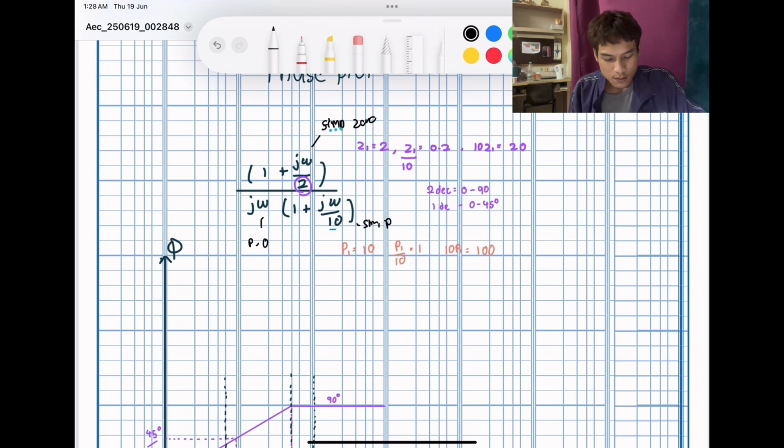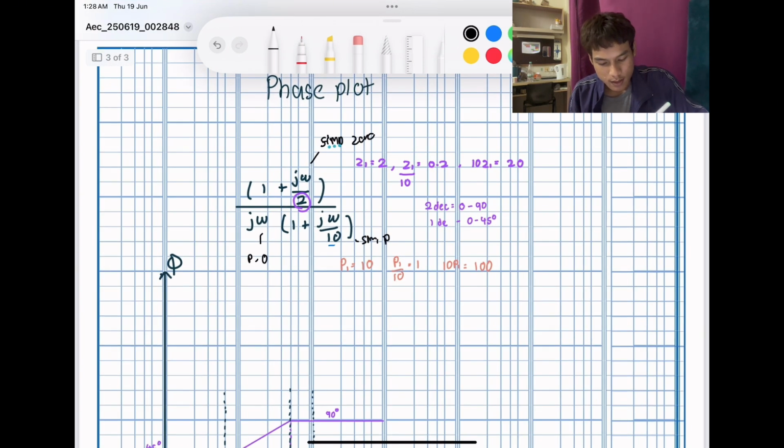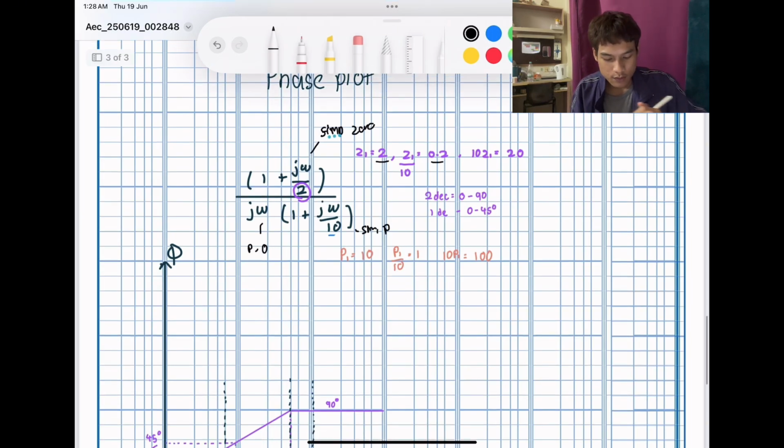From the simple 0, your 0 equals 2, and then it needs to be divided by 10. You will get 0.2, and times 10, you will get 20. Same goes for the simple pole. The simple pole equals 10, divided by 10, you will get 1, and times 10, you will get 100.